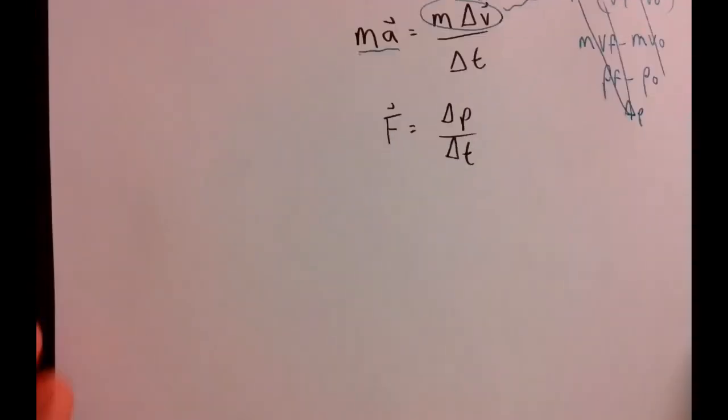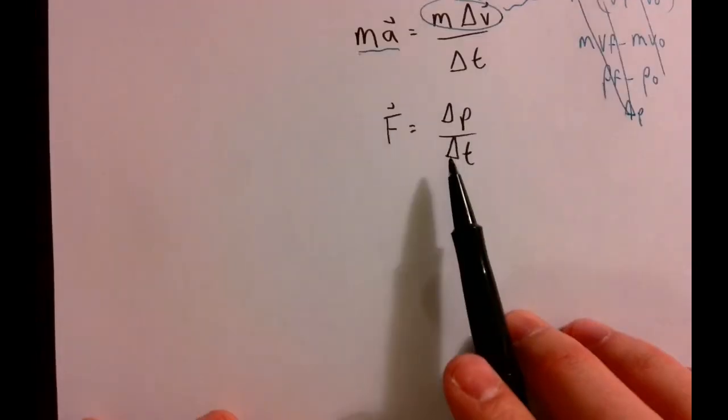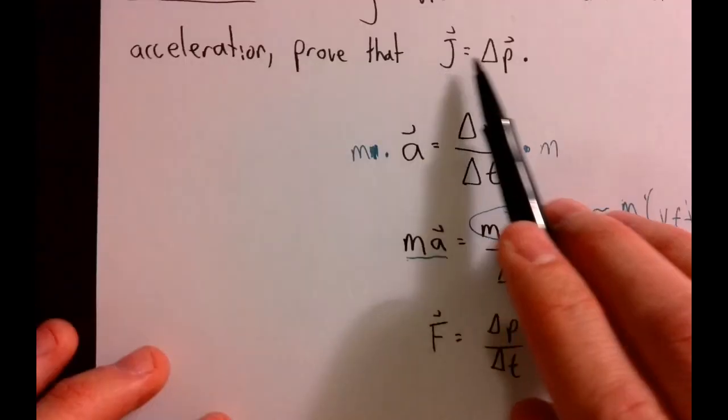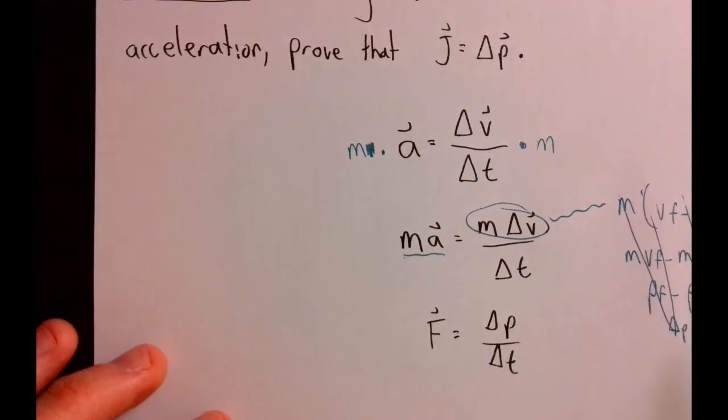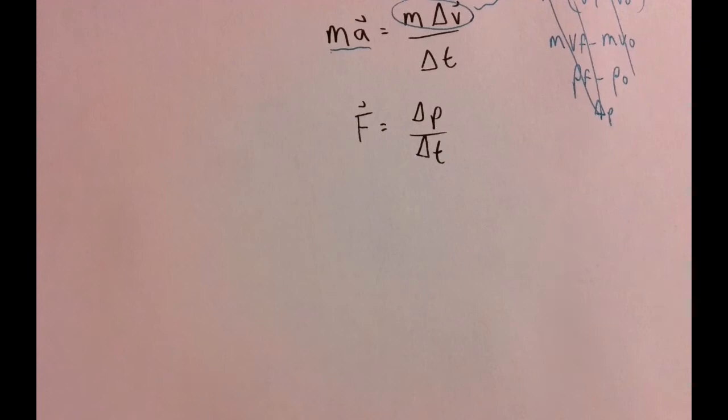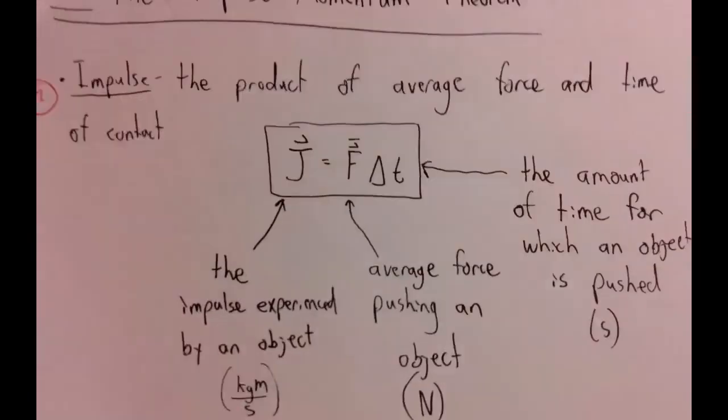And from here, we're pretty much at the end. We're trying to prove that impulse is equal to change in momentum. We have change in momentum right here, but we need to get impulse in there. As we saw on the last page, impulse is force times time.